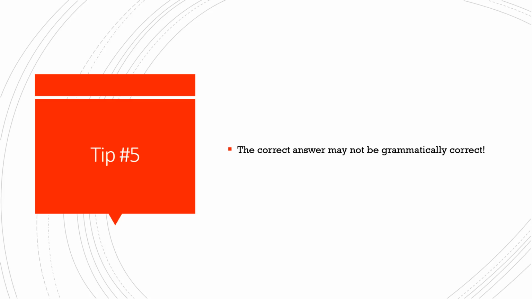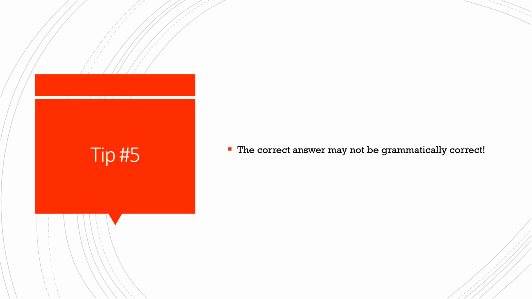Okay, so if you feel that an answer is correct, although it is not a grammatically well formed sentence, that will still be applicable as a correct answer. So don't look out. PMP is not a test of English. Don't look out for 100% correct English in the correct options.